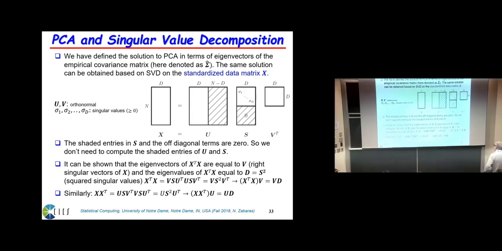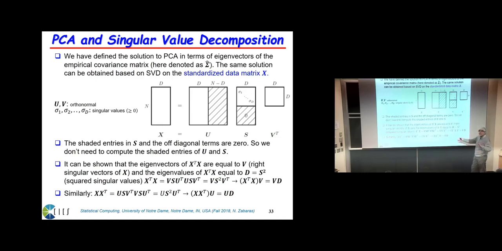So in one line you get this amazing result: X transpose X times V equals V D. You know what that means? The columns of V are the eigenvectors of X transpose X, and D, because it is diagonal, holds the eigenvalues of this matrix. Similarly, if you form X X transpose, the columns of U are the eigenvectors of X X transpose, and again D holds the eigenvalues.